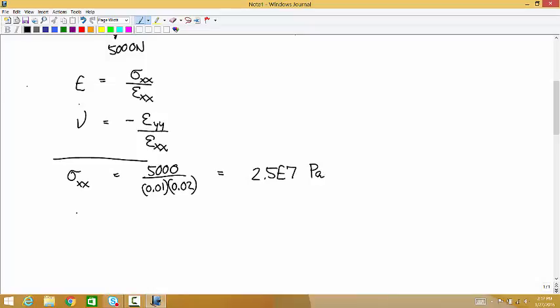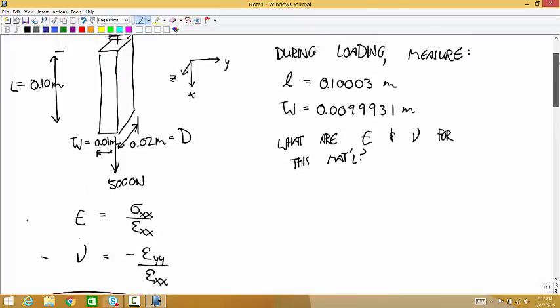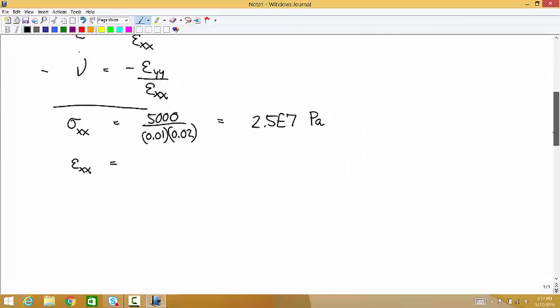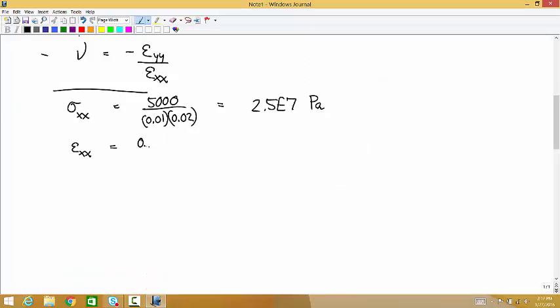And then the axial strain is the deformed length, 0.10003, minus 0.1, divided by the undeformed length.